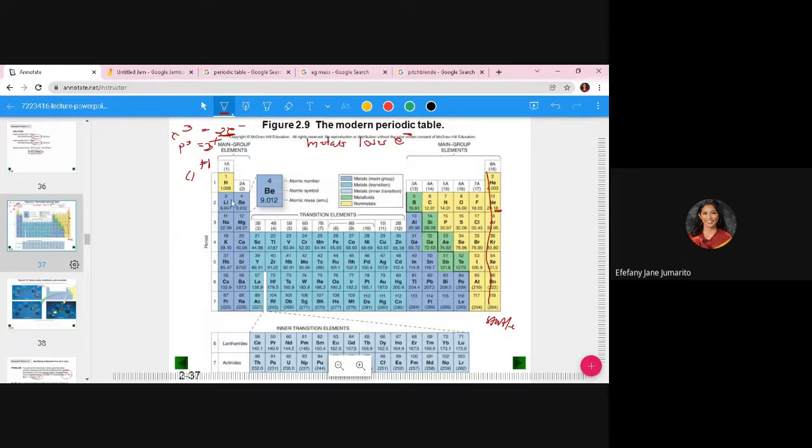That's why all of these elements in the first row have a positive 1 charge. So they must lose 1 electron to become stable. Okay, what about the second row? How many electrons do they need to lose in order for them to become stable, just like the noble gases?